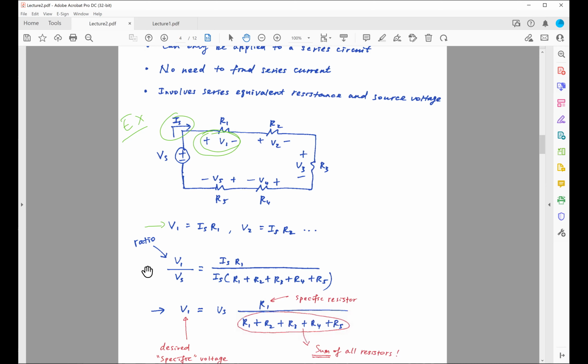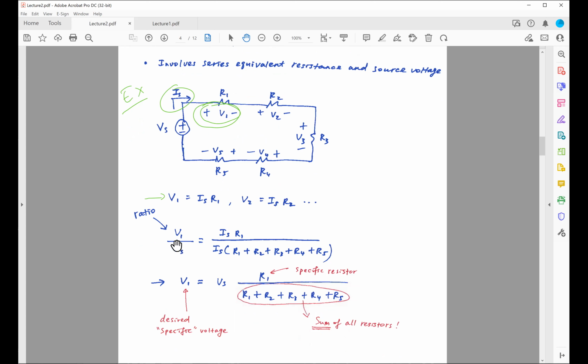Okay, so all I'm doing here is taking a ratio V1 over Vs. And V1 is IS times R1. Vs is IS times this. So now as you can see, IS on the top and bottom drops out. V1 over Vs now depends only on resistor ratio.